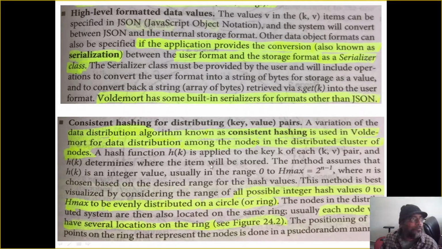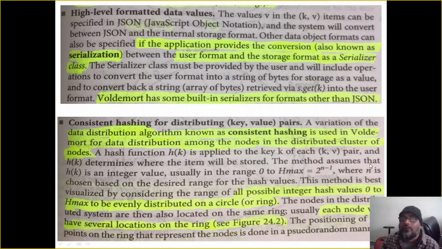Okay, so for understanding DynamoDB we do not have details, but this open source one is the same. So a hash function h(k) is applied to the key k of each key value pair, and h(k) determines where the item will be stored. With the hash function, we identify the position where we have to store.